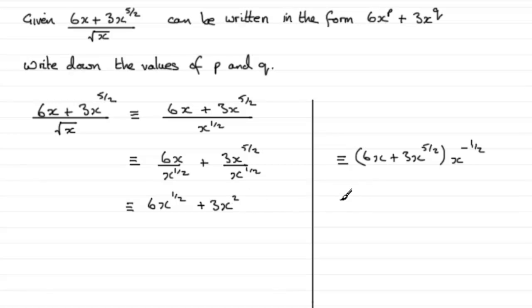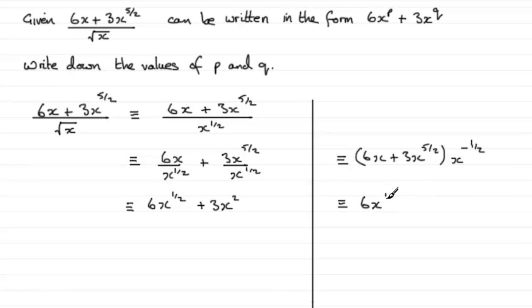But if we worked with this version, we would have to multiply out, and when you're multiplying you add the powers. So this is to the power 1, added to the power minus a half, and you've got 6x^(1/2).